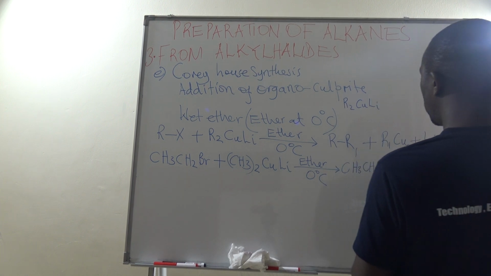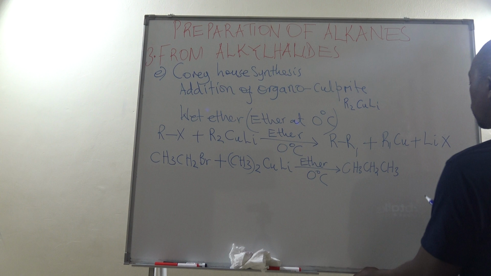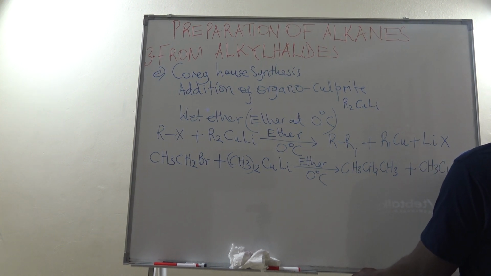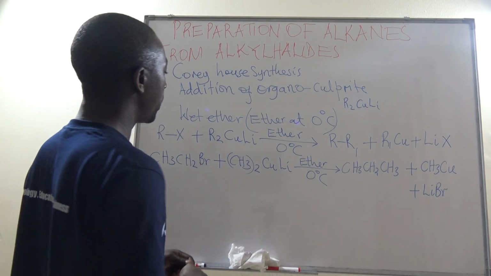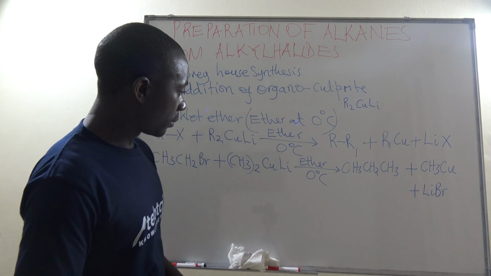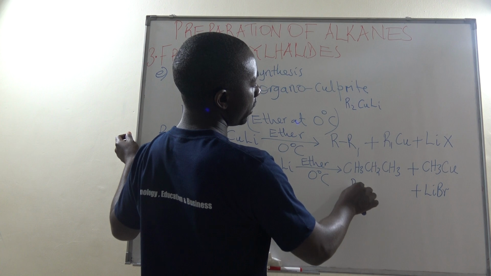Then one of the methyls replaces the halogen, and we have CH3CH2CH3, plus CH3Cu, plus lithium bromide. So that is the method that would have helped us to prepare an alkane from an alkyl halide, and this is going to be called propane.